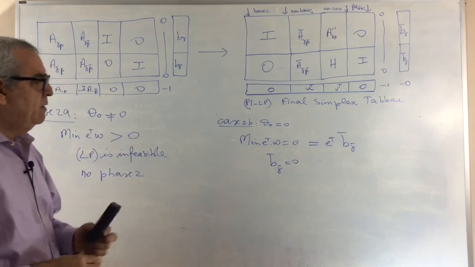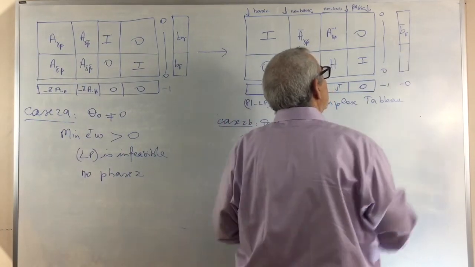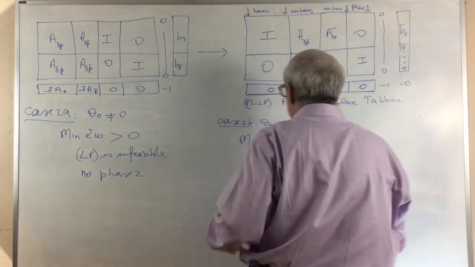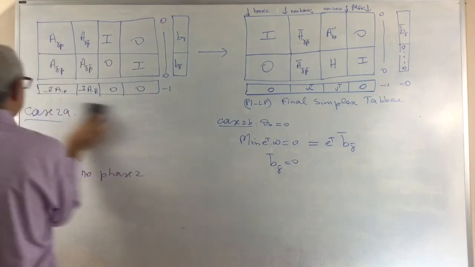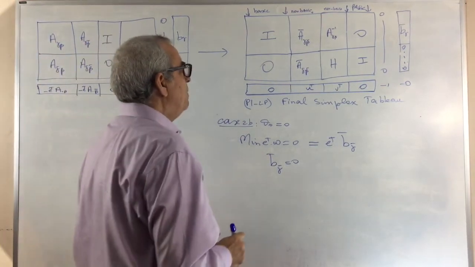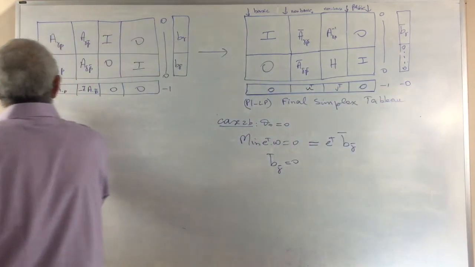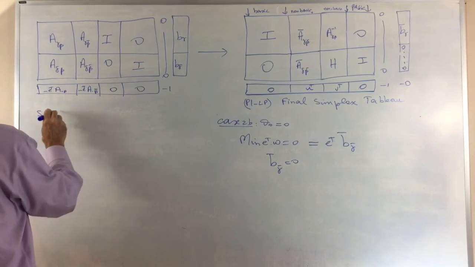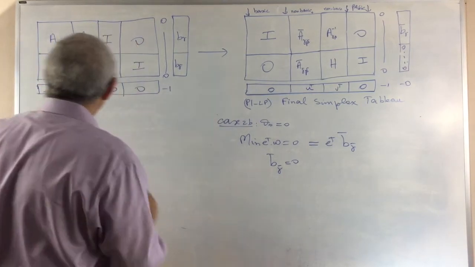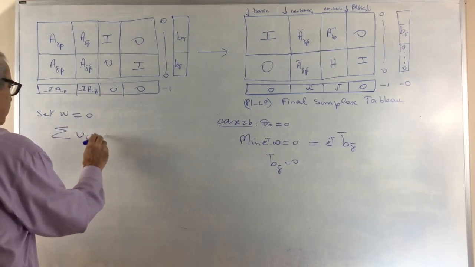Okay? So now I'm going to erase this and put zeros here. Now let's read these equations. I'm going to set W equal to 0 and read this equation right here. So here I have the sum of the ui xi.